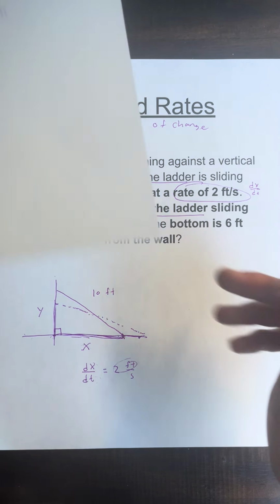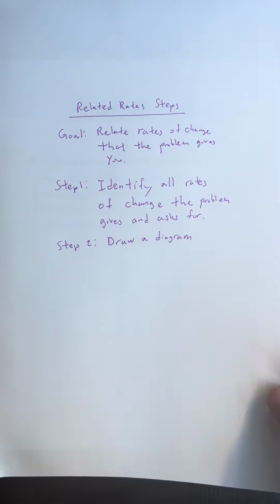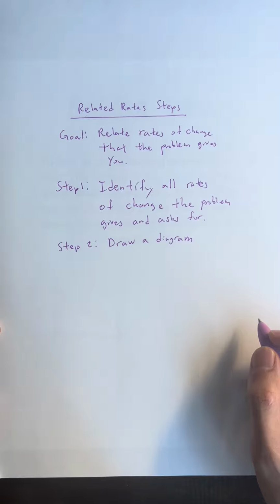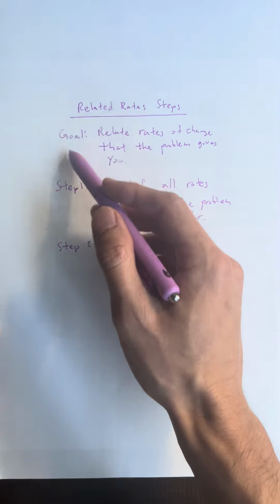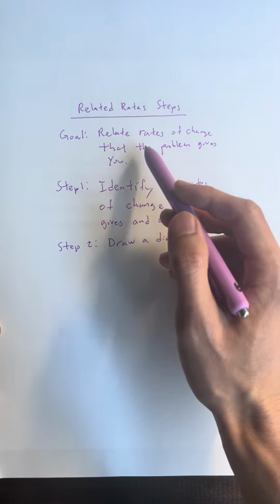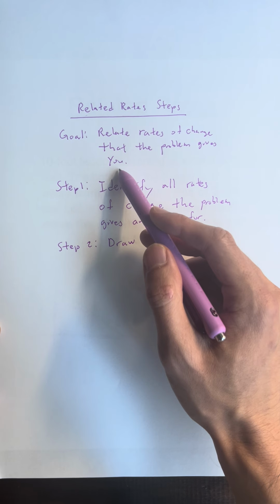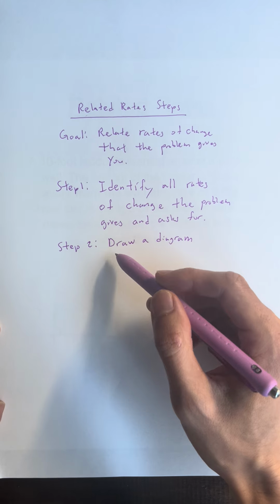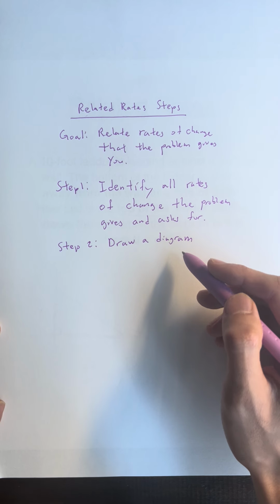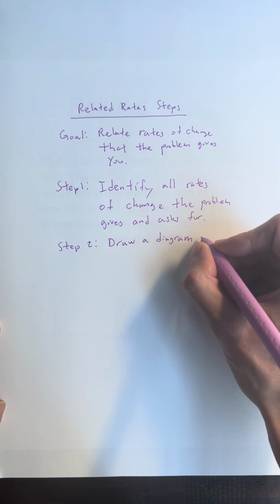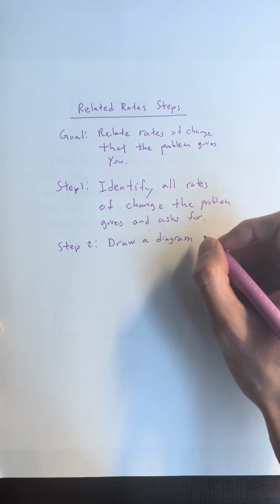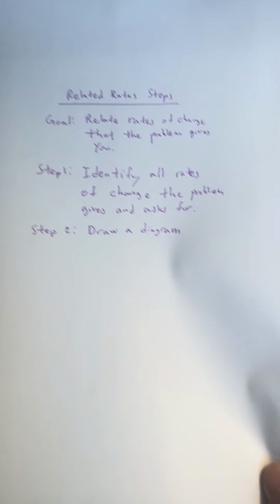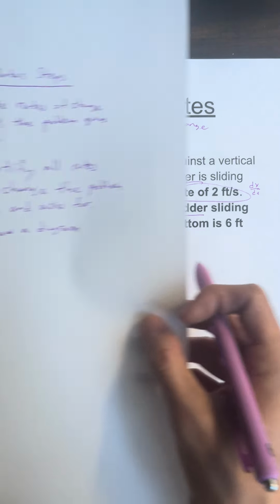Let's go back over here. Step 2 says draw a diagram, but why are we drawing a diagram? Well, we need to remember our goal. And the goal is to relate the rates of change that the problem gives you. With a diagram, it can help you identify relationships between the rates of change in the problem.